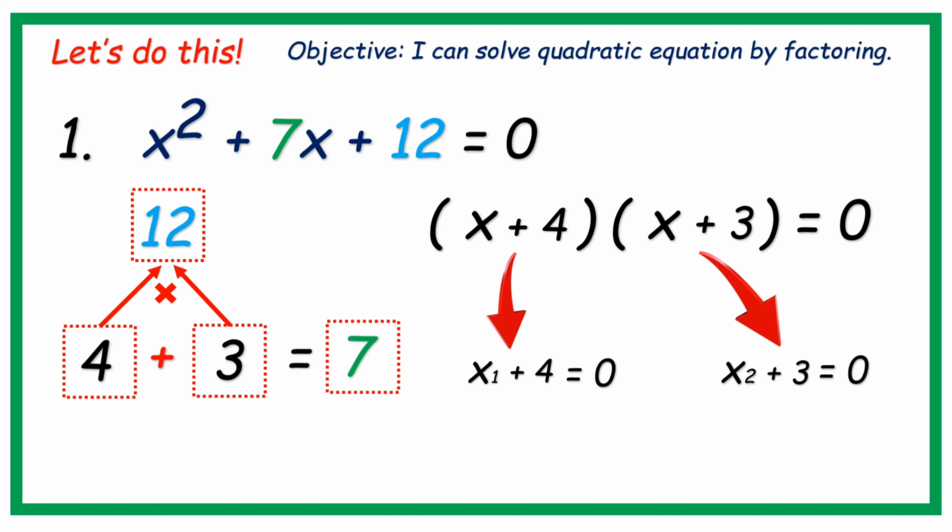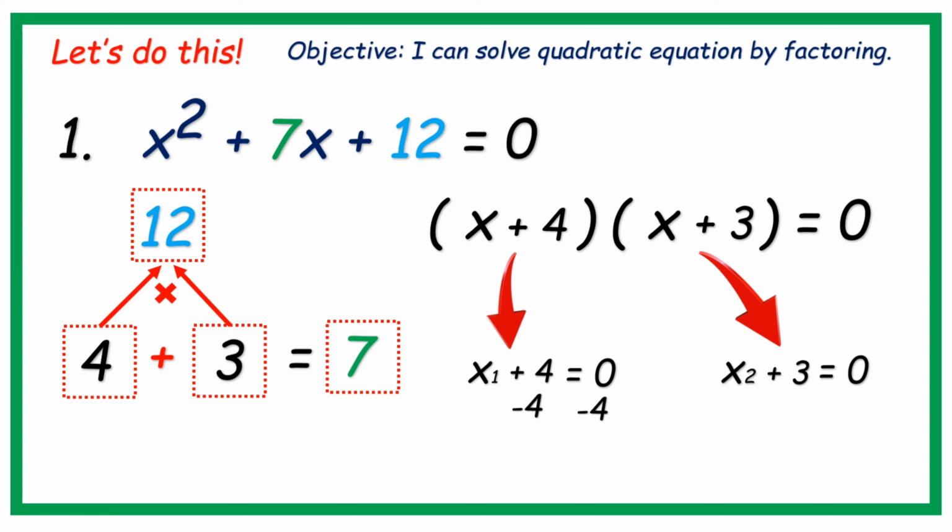In order for us to find the answer for x plus 4 equals 0, we need to isolate the variable. How are we going to do that? By subtracting, or by adding the opposite sign. Basically we add negative 4. When you add negative 4 on the left side of the equation, you should also add negative 4 on the other side.